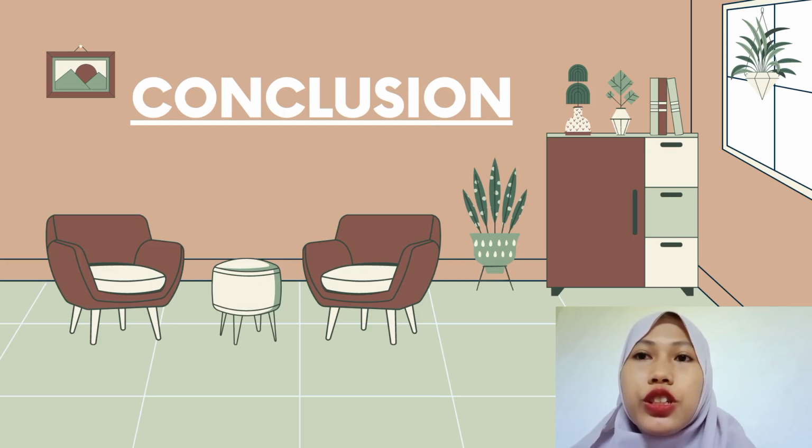So you need to know that narrative text is a fictional story that is made for entertaining the reader. This text has three generic structures: orientation, complication, and resolution.